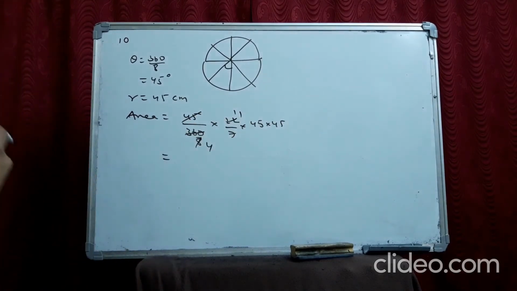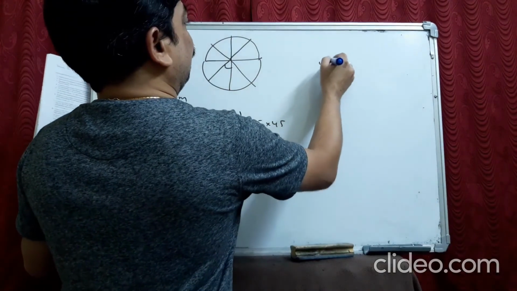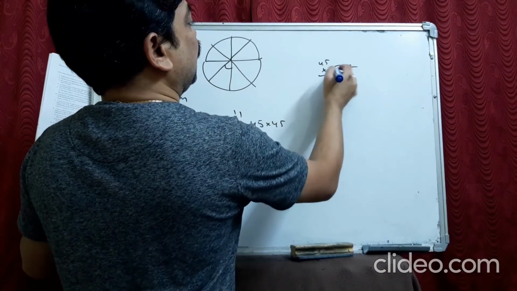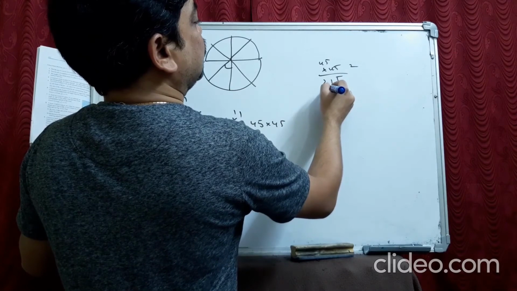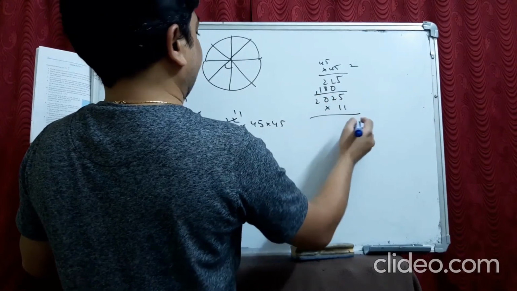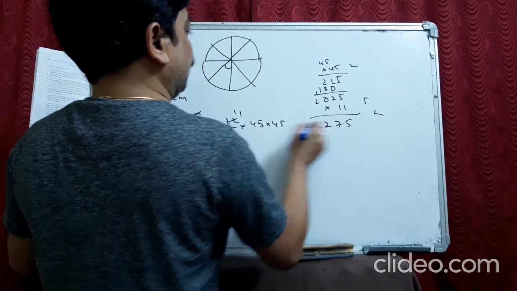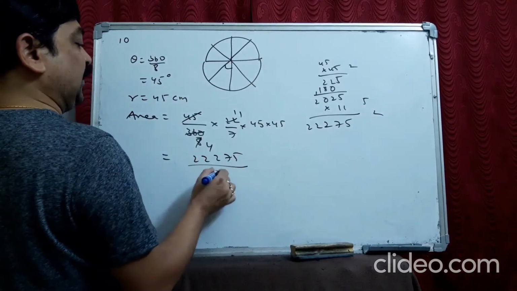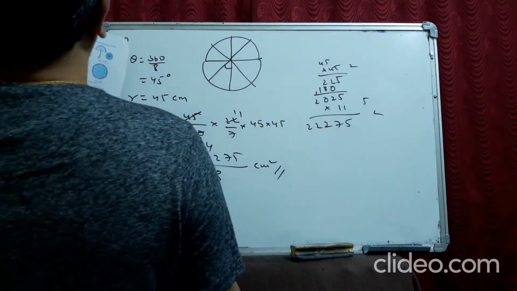So let us multiply. Multiply this 45 into 45 into 11. 45 into 45 will be 2025. 180... into 11. 11 5s are 55, 11 2s are 22, 27. 11 2s are 22. 22275 by 8 centimeter square. Is it centimeter? Yeah, exactly centimeter.